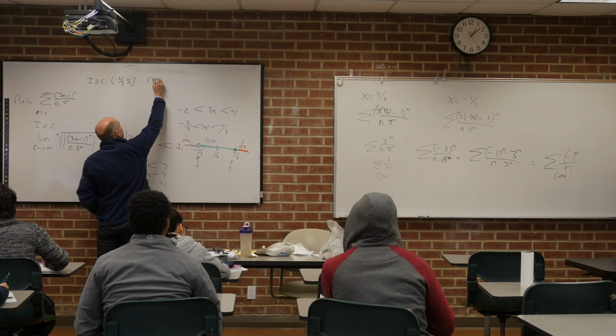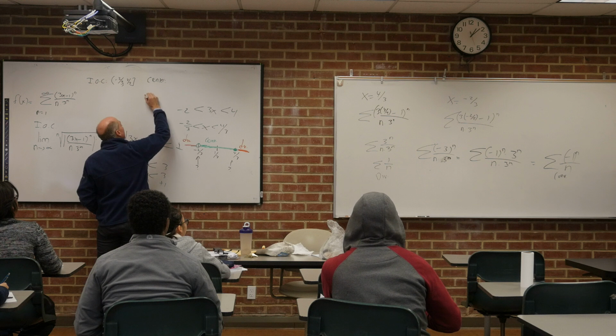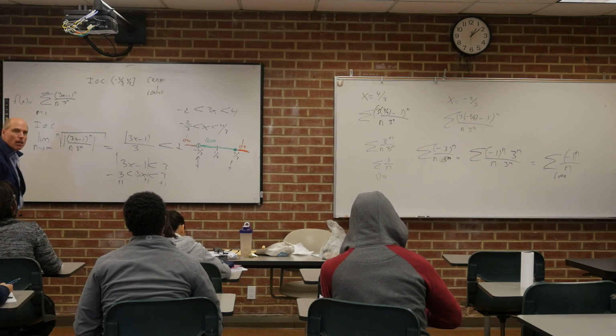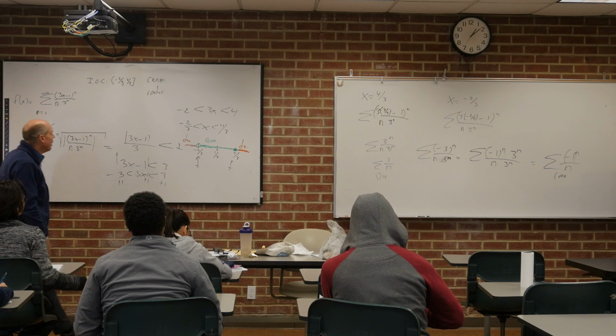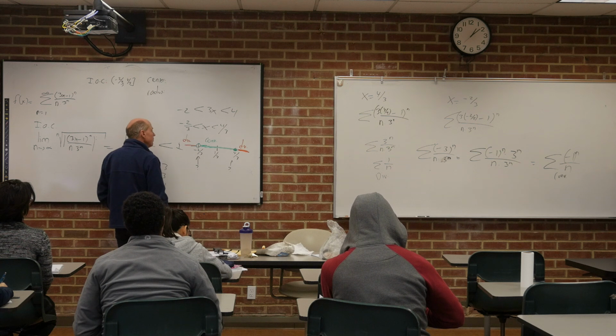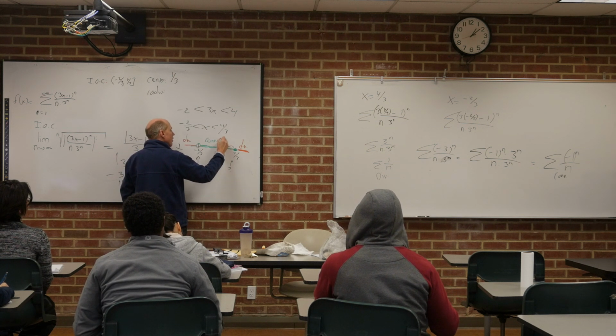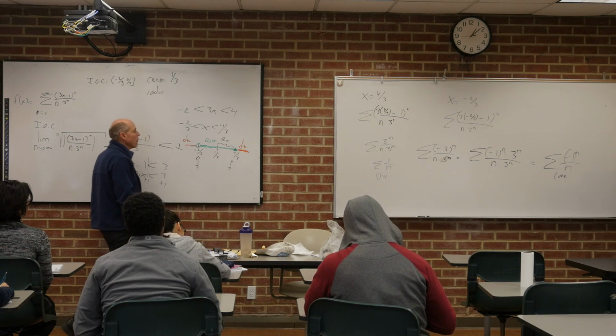And while we're at it, just because I didn't ask it on the practice test doesn't mean it won't show up on the real test. You should also understand the idea of a center and a radius. What's the center? And then the radius is, how far is it from the center to the edge?